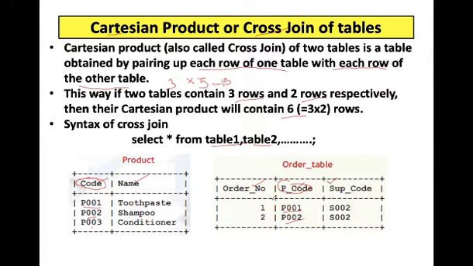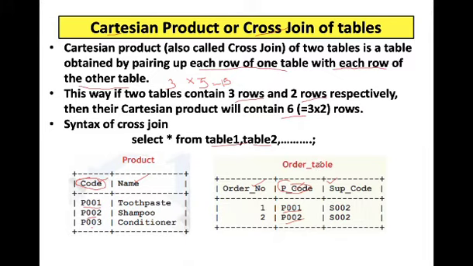So this is an example where the common column has a different name, but we have identified it with the data because the data is the same. The common column should have the same data. That is why we come to the conclusion that this is the common column between product and order table.